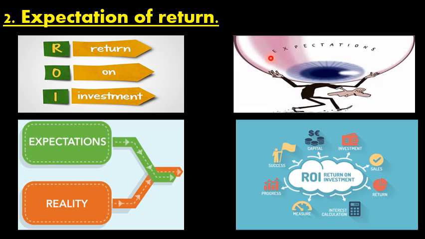If you invested 5,000, then you expect 10,000 after 1 year. After investing 5,000, within 1 year, or for some people within 6 months, they want to double that amount. Therefore, there are a lot of fake schemes in the market, and fake persons who influence or misguide people. They promise to double the amount within a short duration, within 1 year or 6 months.